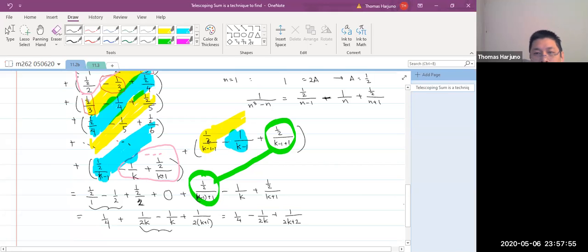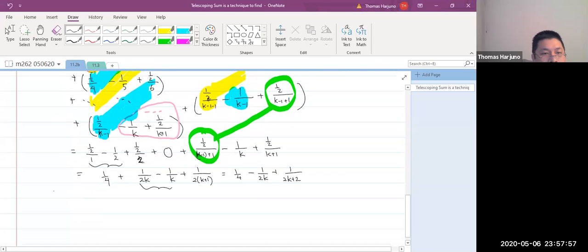Now then, let me go on a bit further. So we have seen that the kth partial sum from n equals 2 to k of that expression 1 over n cubed minus n is equal to 1 over 4 minus 1 over 2k plus 1 over 2k plus 2.